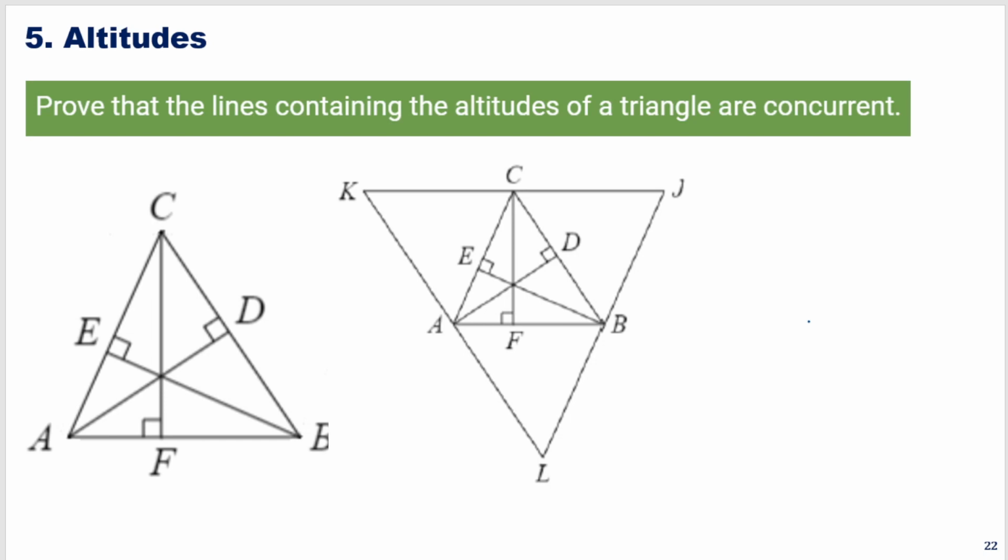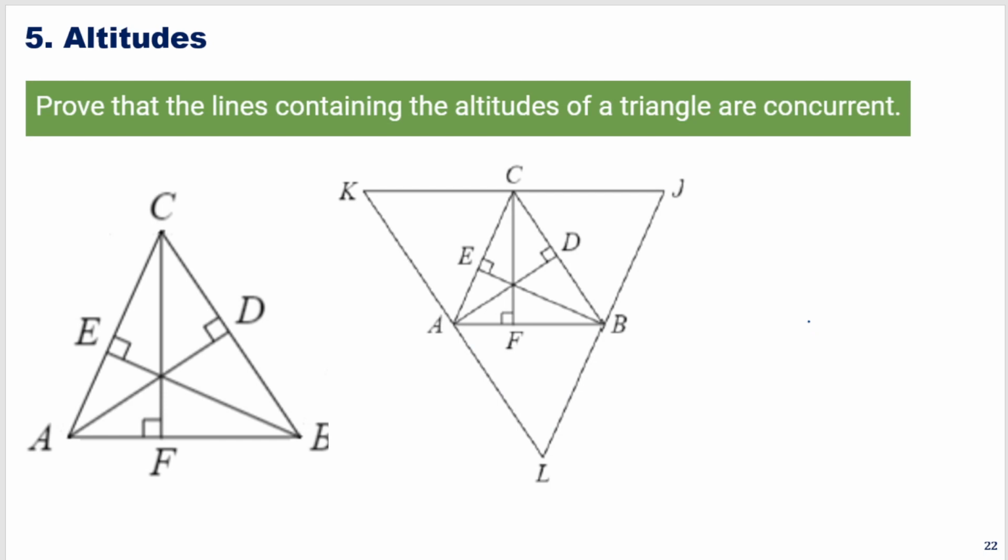So we could draw lines JK, KL, and LJ that are parallel to the three sides respectively, right? Through the vertices of triangle ABC, parallel to the sides of triangle ABC as shown here.